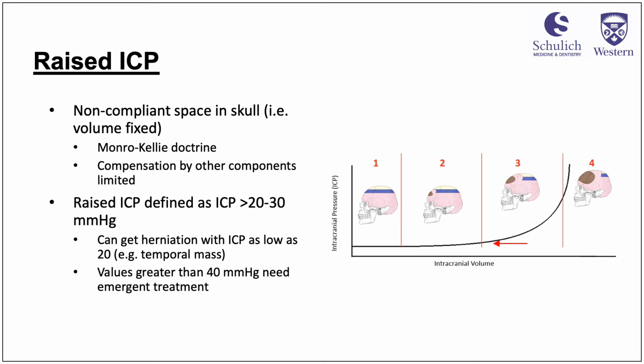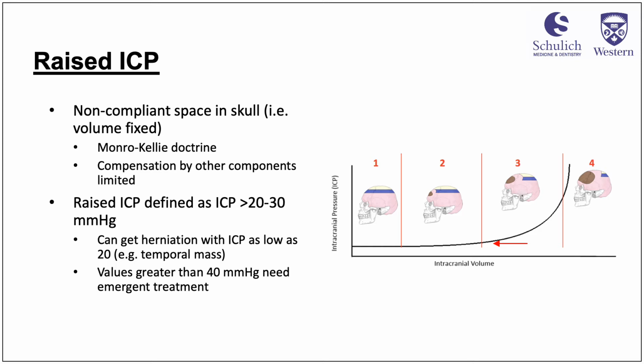When we look at the graph here, as your volume increases, there's a limited amount of compensation until an increase in a component of intracranial tissue, for instance a tumor, causes a rapid and exponential increase in your intracranial pressure.